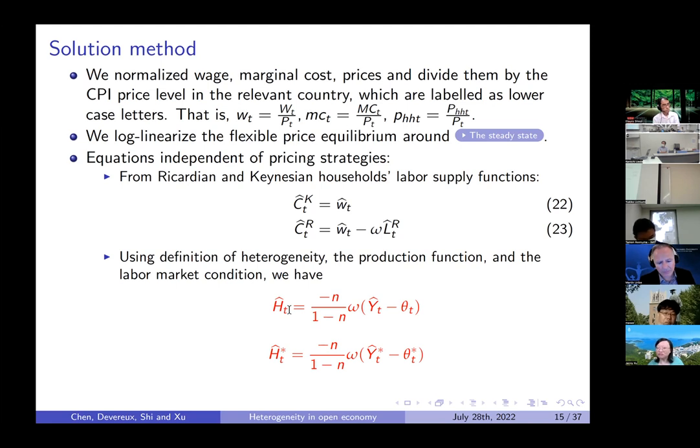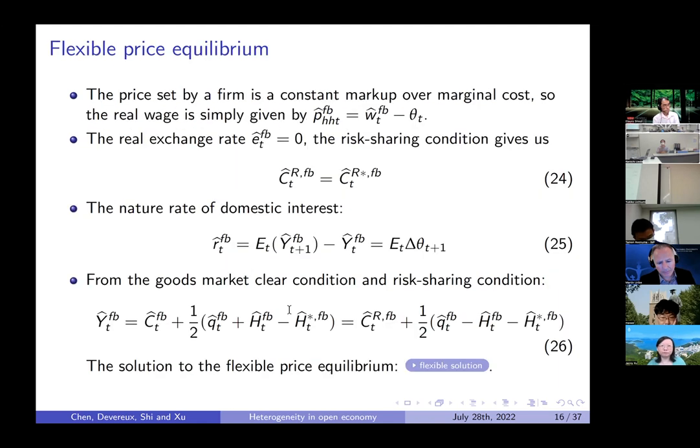It is going to give us the optimal monetary policy result later, so just keep this equation in mind. The flexible price equilibrium I'm going to skip, because it just gives you the benchmark. By the way, because we removed the monopoly distortion by tax, the flexible price equilibrium will be efficient.